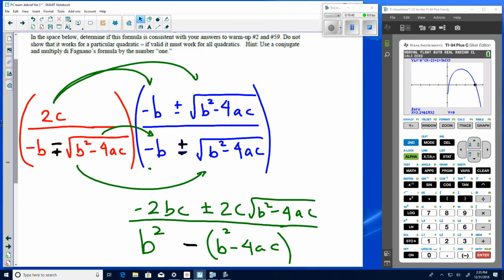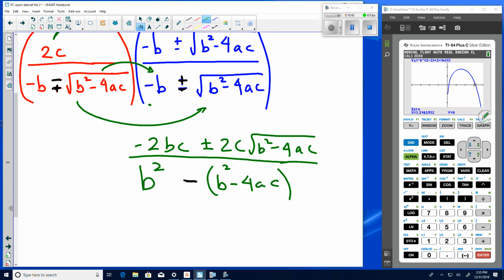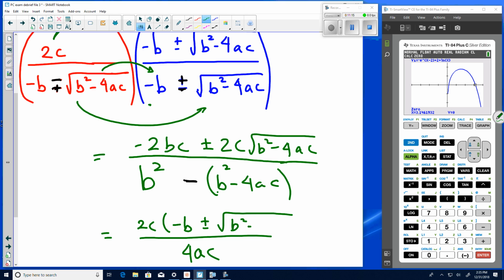And then let's see, remember what this is supposed to equal. It's the good old quadratic formula that we're familiar with. Up top, well, let's do the bottom first. The b squares go out and we just get 4ac. b squared, take away b squared is 0, and minus minus is plus. Up top, we have two terms, and I'm going to factor the 2c out of the top so that I simply have a minus b plus or minus the square root of b squared minus 4ac.